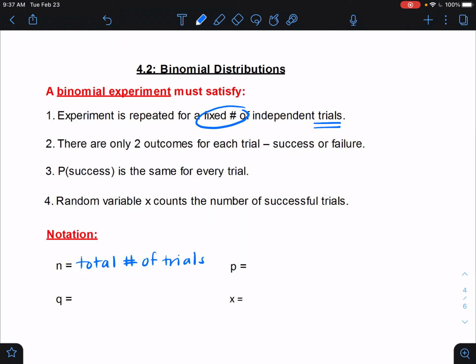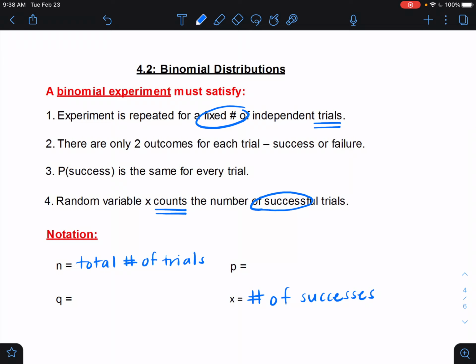The second thing you want to do is ensure you can define a success in your experiment. All right. Now, this is a discrete distribution. That means the random variable is going to be counting something. And specifically in a binomial experiment, the random variable x counts the number of successes in that experiment.